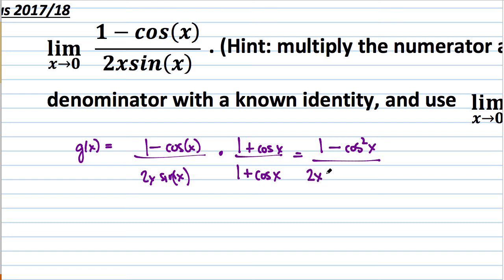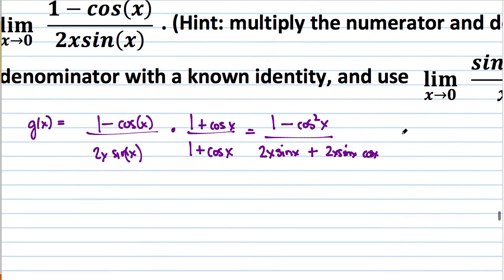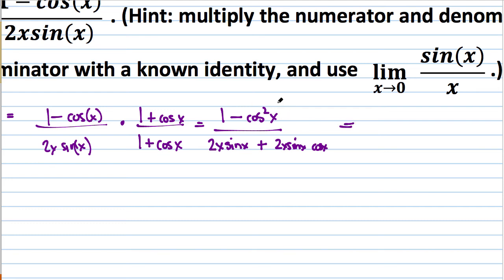2x sine x plus 2x sine x cosine x. So where can I go from here? Well, in the numerator, I'm going to use my identity from the previous one, and that was, if you recall, 1 minus cosine squared x was equal to sine squared x.